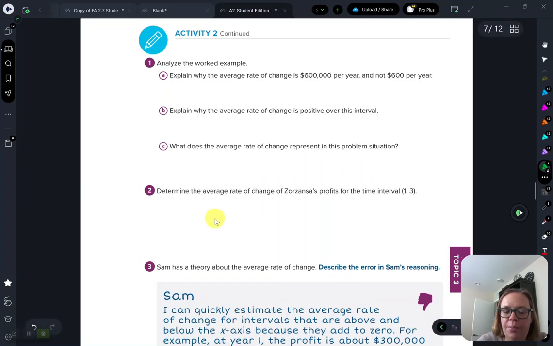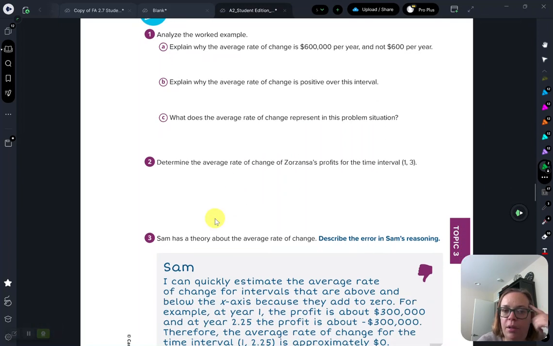Okay. Let's just do one more example of the average rate of change. We've got determine the average rate of change of Zerzan's profits for the time interval of 1, 3.